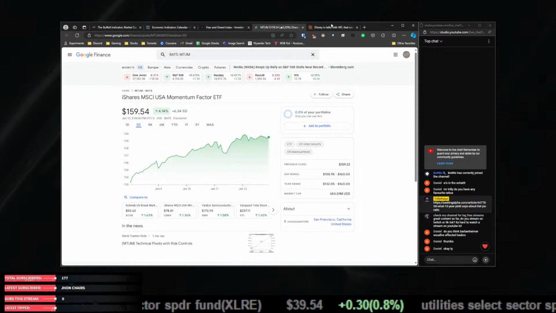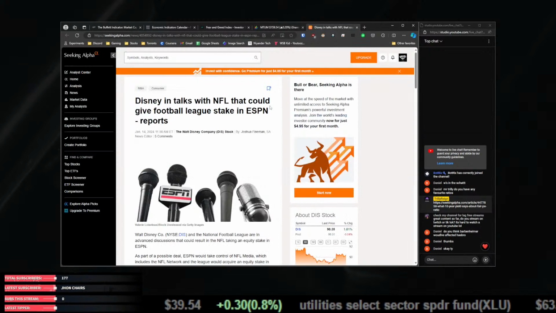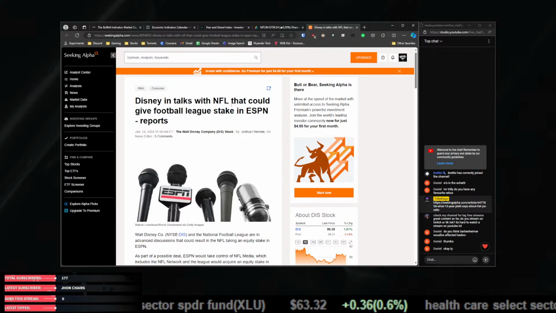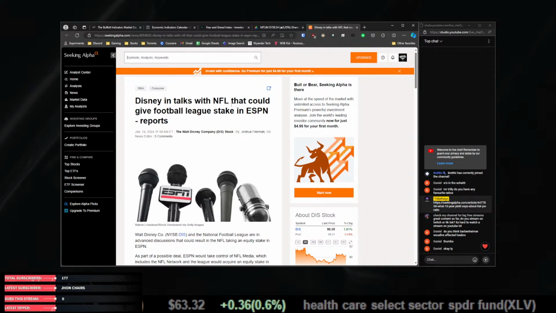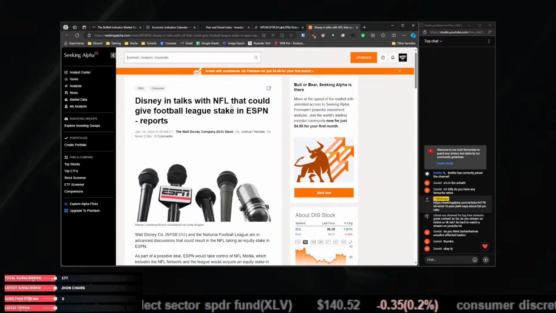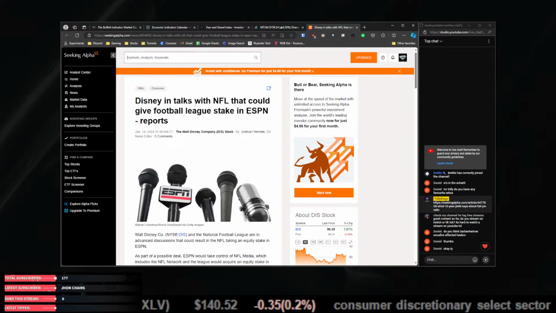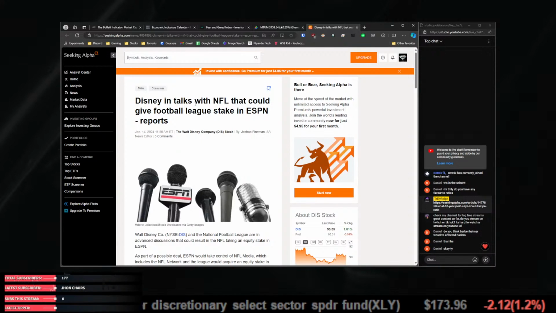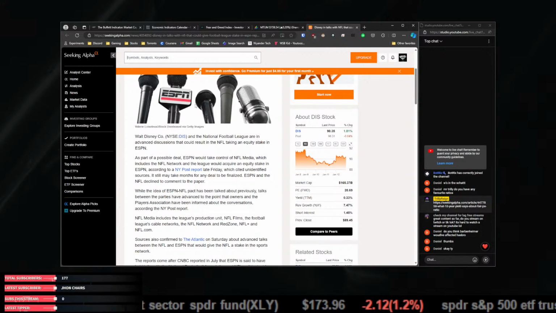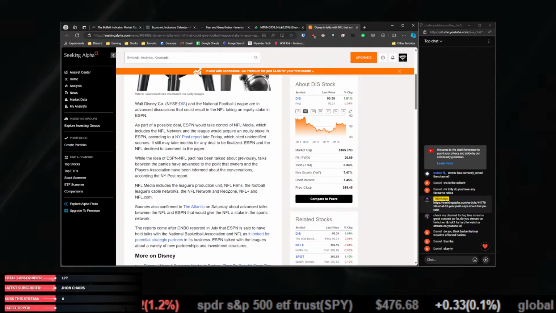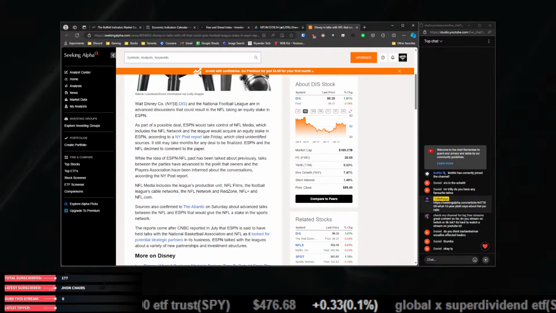And then just a side note, not really, but I saw this article before I started the stock hour, and I thought this was pretty interesting. Apparently Disney is in talks with the NFL about giving them a cut in ESPN, and that is very interesting because I know a lot of people might be like, "What?